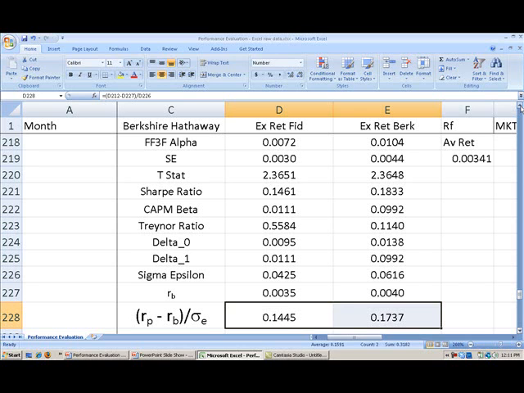The information ratio says that Berkshire Hathaway is doing slightly better than Fidelity, but it's a pretty close run thing. There's no strong evidence that one fund is dominating the other fund. Both of them are clearly doing well.